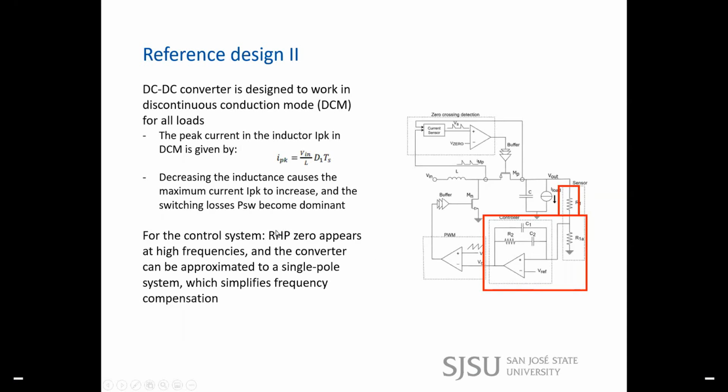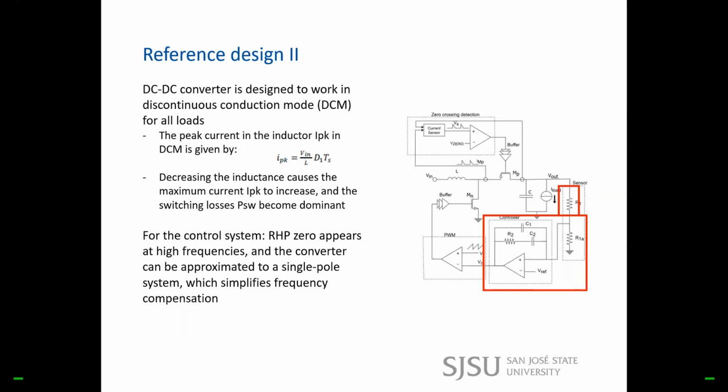The peak inductor current in DCM is given by this equation: I peak equals Vin divided by L, multiplied by the duty cycle and the switching time.